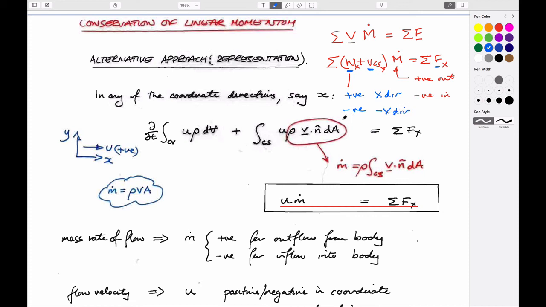So these, importantly, are in the xy coordinate system of our control volume, and these are in the coordinate system of in versus out. And so we just need to be a bit careful of that.